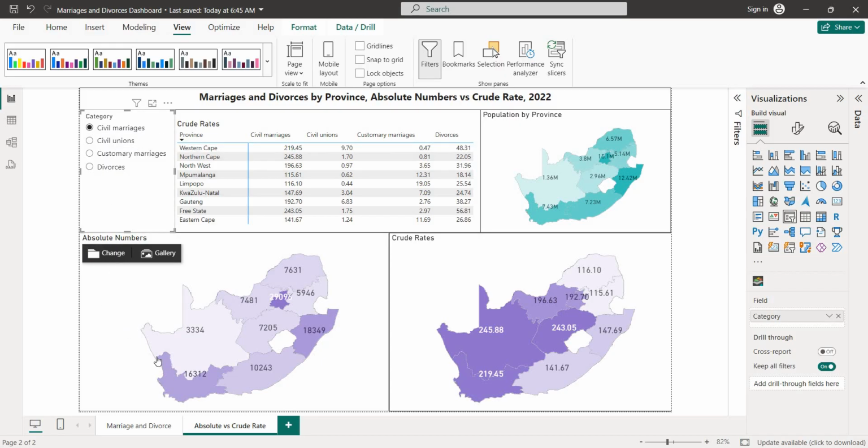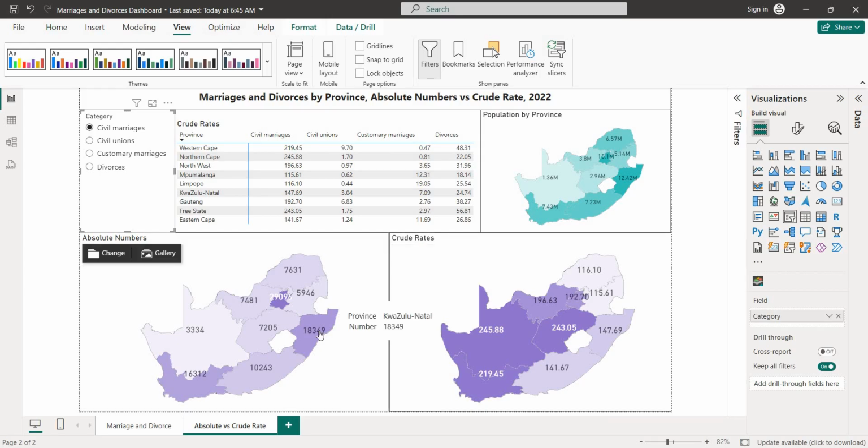Looking at the absolute numbers, we see that we have the most civil marriages in the Western Cape, Gauteng, and KZN. Now, this is unsurprising because these are the most populous of our provinces. So shifting over to the crude rates, which we looked at before, we now see that the highest marriage rates are in the western parts of the country.